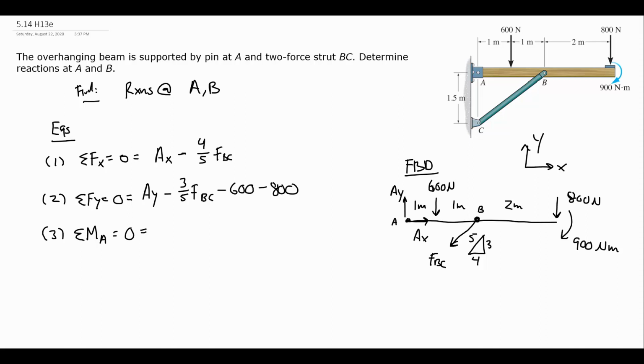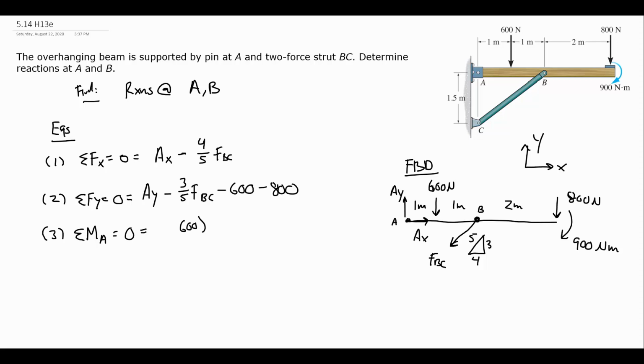But by selecting A, because AX and AY both have their lines of action pass through A, we don't include them in this equation, which means that this equation will already not have 2 of the variables in it that I don't know, AX and AY. So let's see what is left. So AX, AY are not there. I'll move left to right. The 600 Newton force is going to be acting 1 meter away.